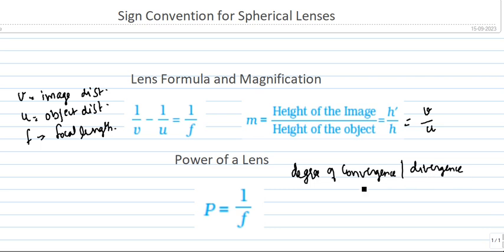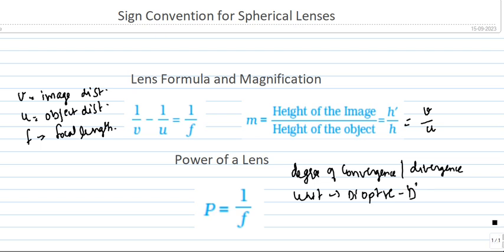P, or power, is the degree of convergence or divergence of the lens, and its formula is P is equal to 1 by F, and its unit is diopter, which is denoted by the capital letter D.